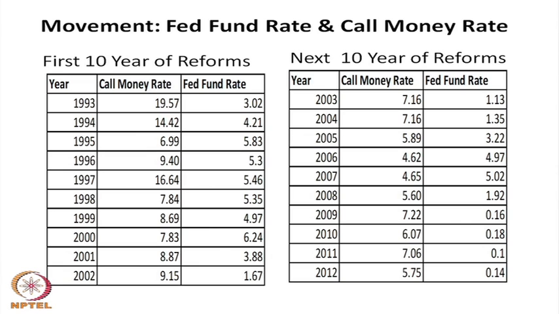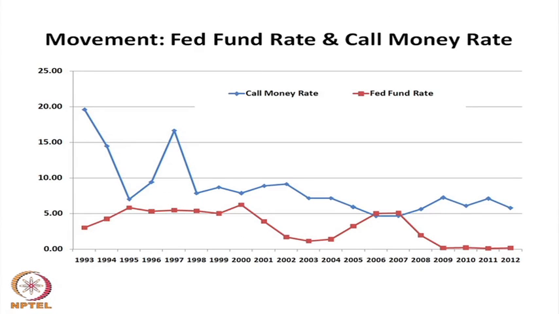The Fed fund rate and call money rate are moving together, which indicates that there is some degree of integration of short term interest rates, with the call money rate on the Indian side and the Fed fund rate of the US on the abroad side. In the graph from 93 to 2012, both are moving almost together, and indicate that some degree of relationship is there between the Fed fund rate and the call money rate.